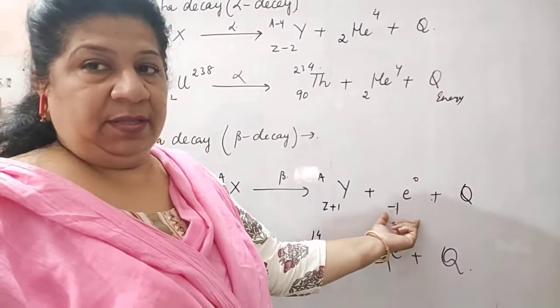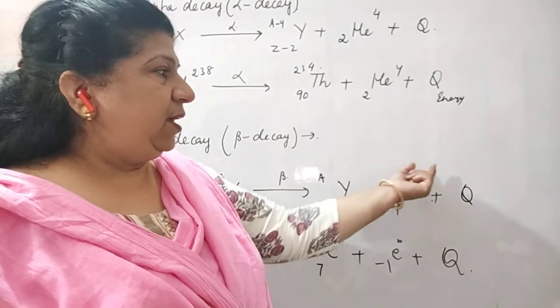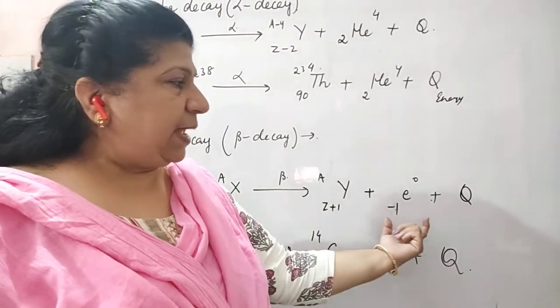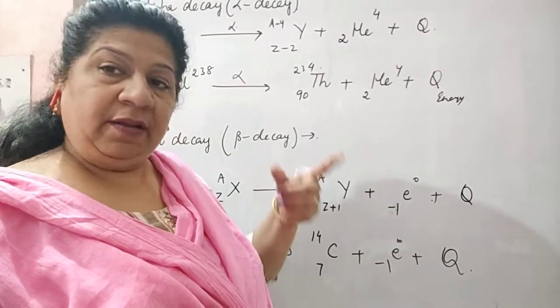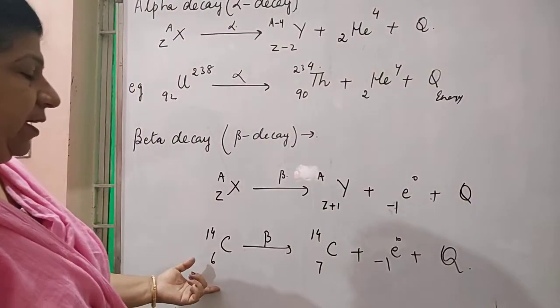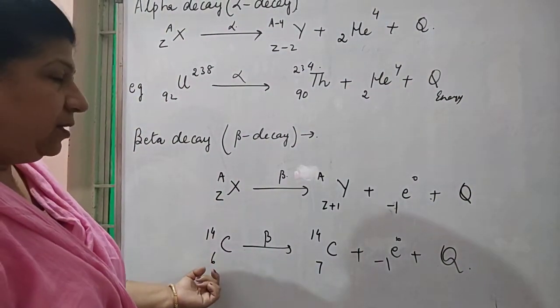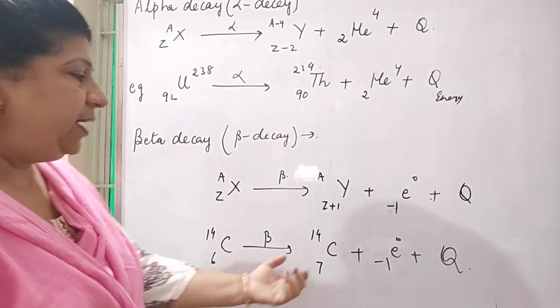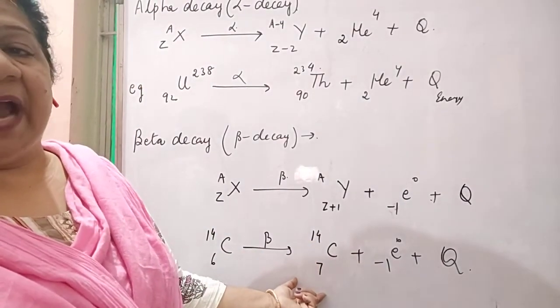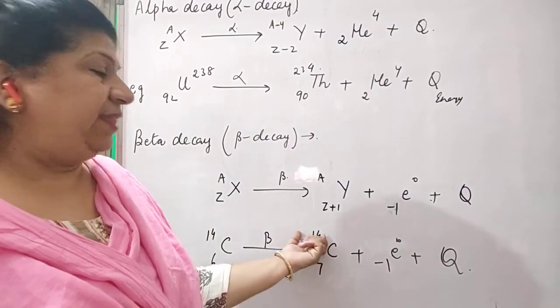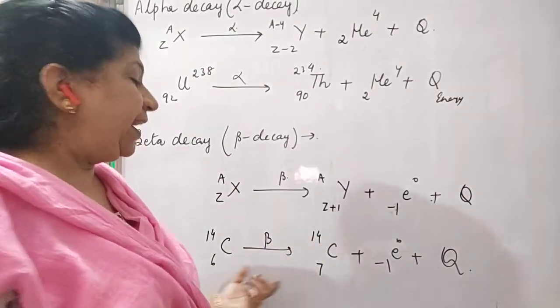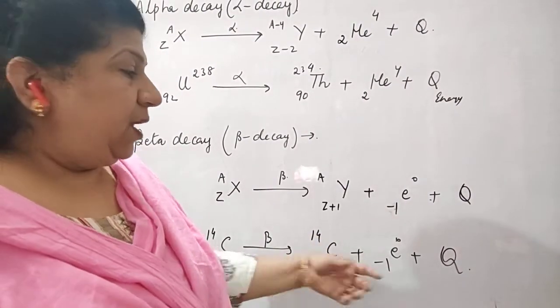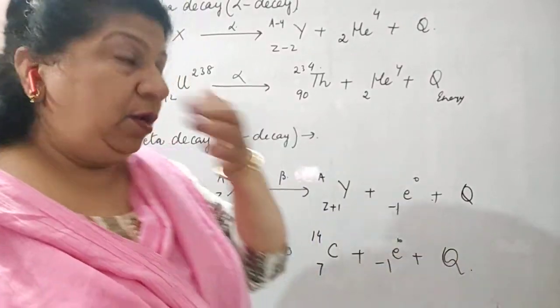The electron which is having -1 is 0. So this is emitted and we are left with this particle. For example, from a carbon isotope 6C14, a beta particle was emitted. To the atomic number we added 1, so we are having 7N and the mass number remains the same. So we are getting another element plus the electron and a lot of energy.